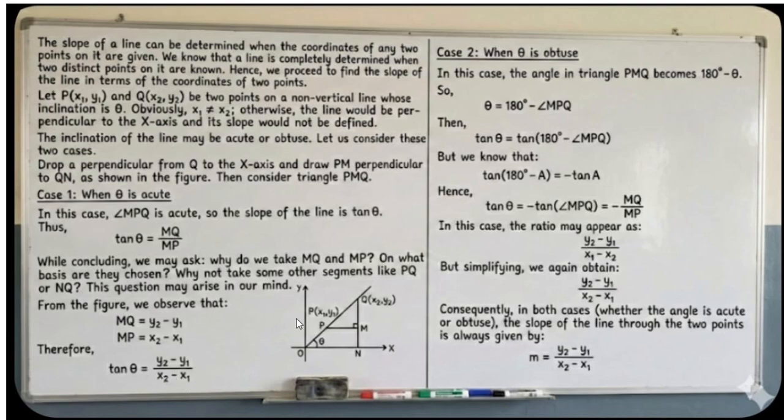We know this rate is the same throughout the straight line for any 2 points. Whether the angle is acute or obtuse, no matter, we can take this, because y2 minus y1 divided by x2 minus x1 gives the same. Whenever the angle is acute or obtuse, the same formula will hold.